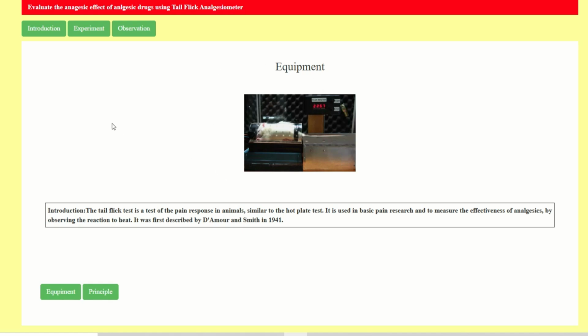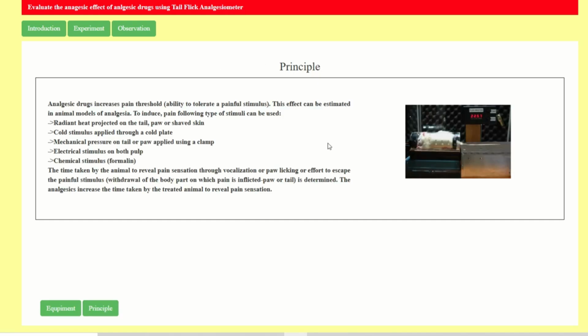Now we will go and see the principle. Analgesic drug increases pain threshold, the ability to tolerate a pain stimulus. Here the drugs which are used to relieve pain sensation are known as analgesics.